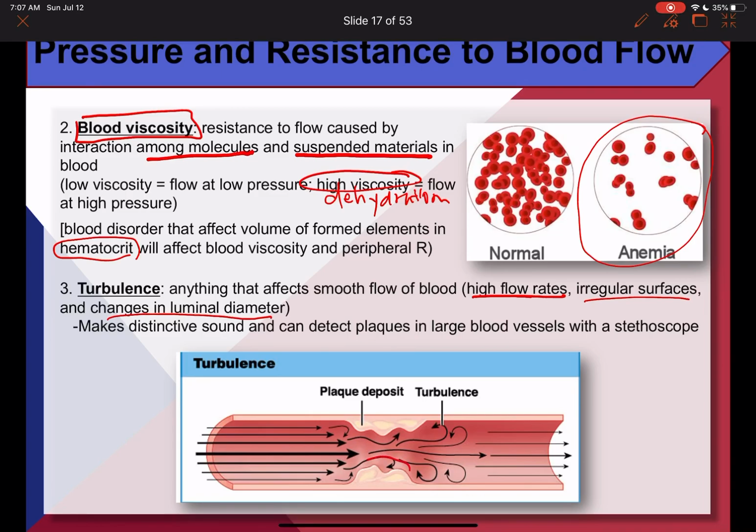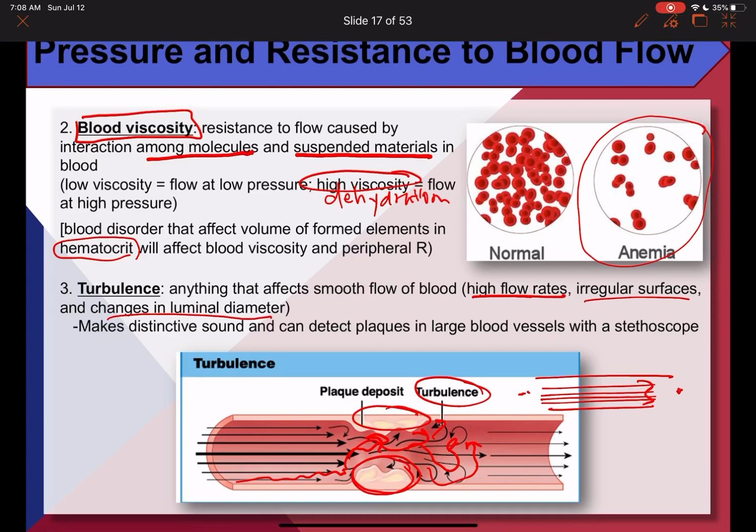So if there's a plaque like this within a blood vessel, on both sides or one side, instead of your blood moving in a straight line from one end of the artery to the other, it goes here and then, kind of like a river where you hit a rock, it starts going all over the place. This is what creates turbulence within the blood flow.